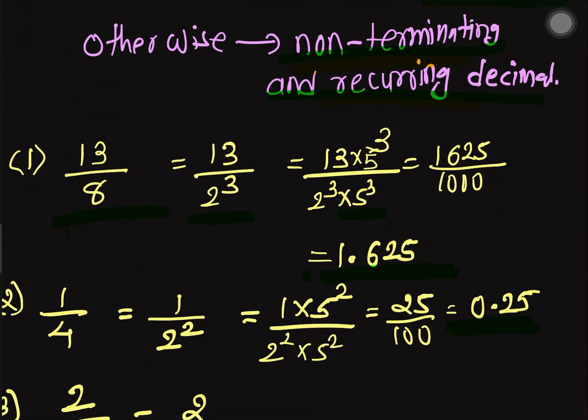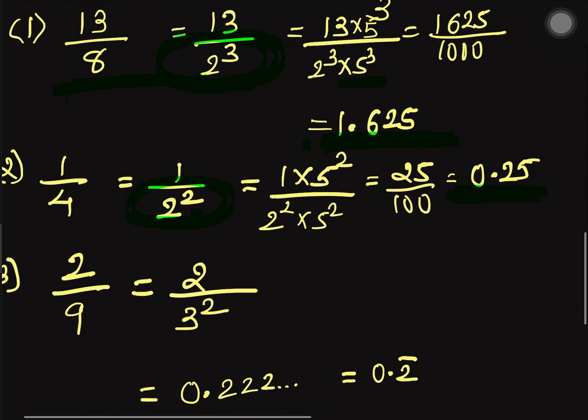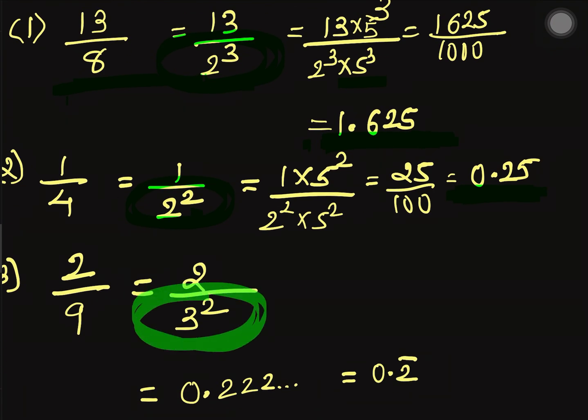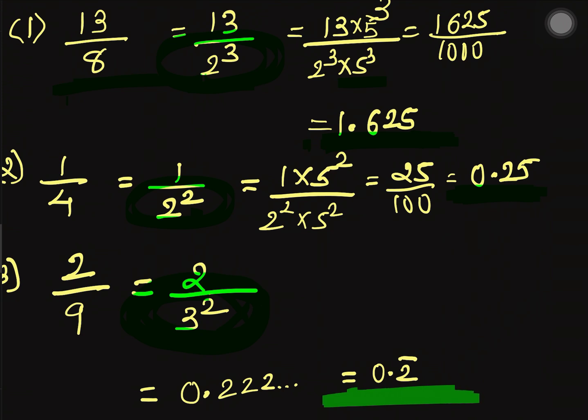So see the example, 13 by 8 is 1.625. Why? Because the denominator is 2 cube. Here the denominator is 2 square. 1 by 4 is 0.25. 2 by 9, the denominator is 3 square. They are not factors of 2 and 5 only. So that's why we are getting a non-terminating and repeating pattern.